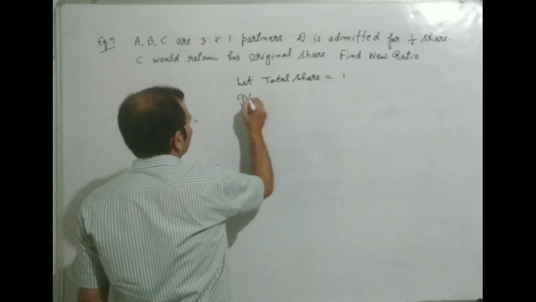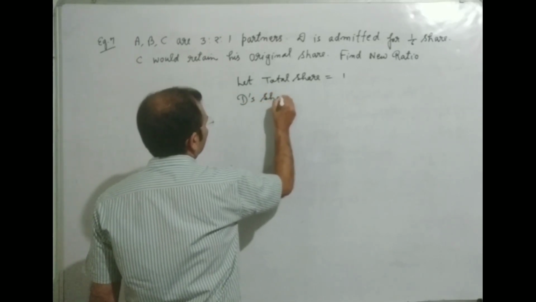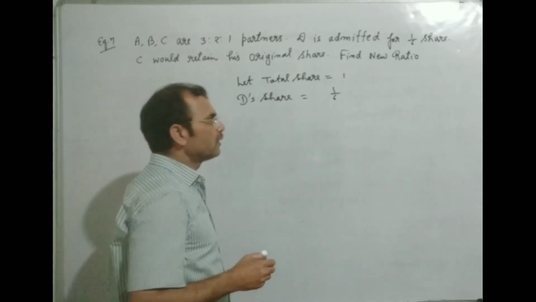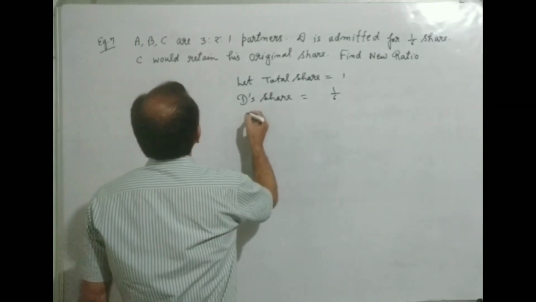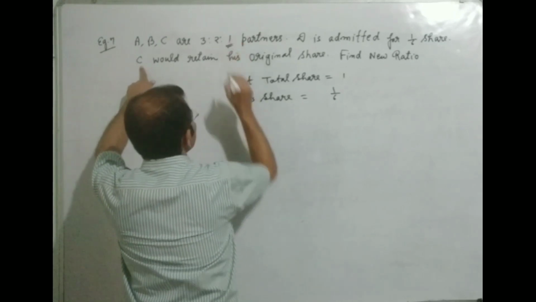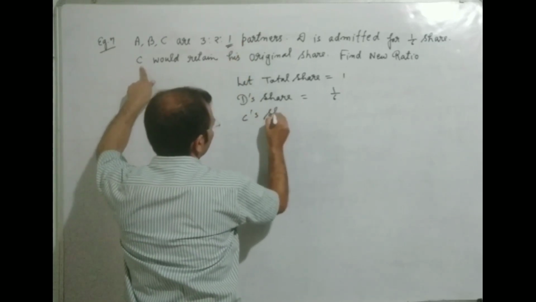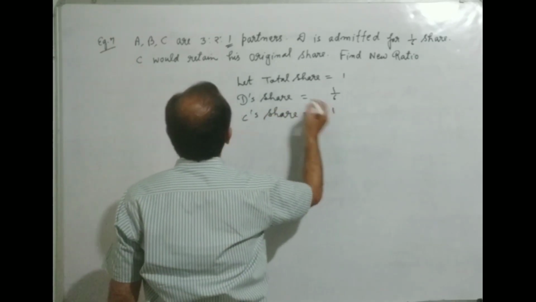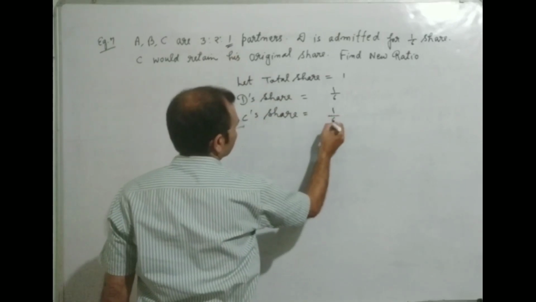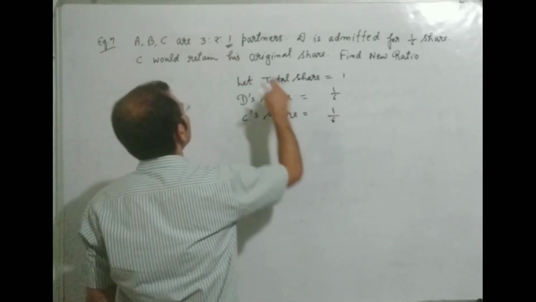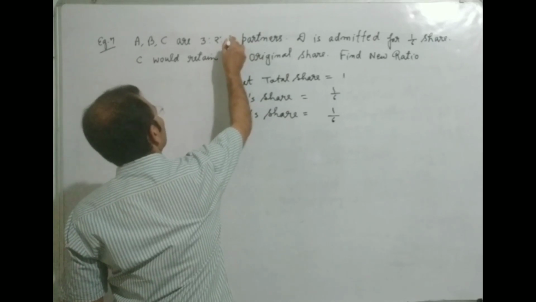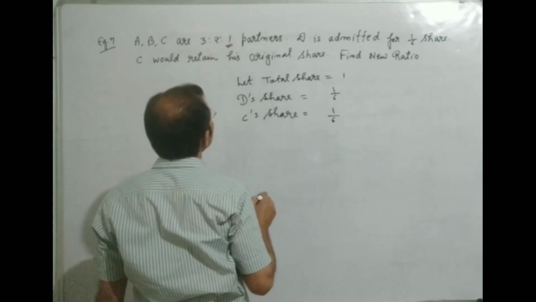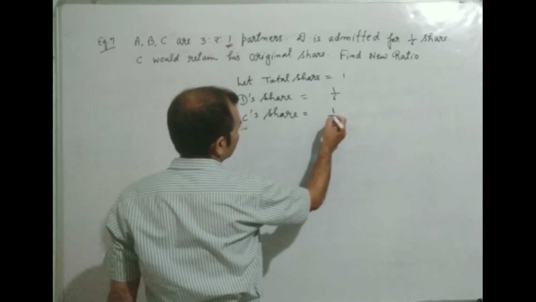D's share is given in your question as 1/6, and C's share will also be 1/6, because 3 plus 2 plus 1 is 6, and 6 will be the denominator.